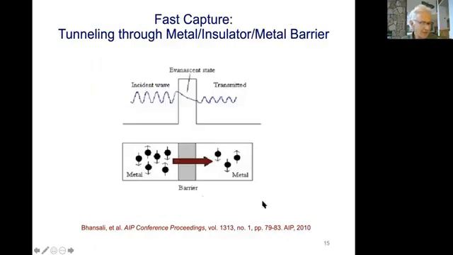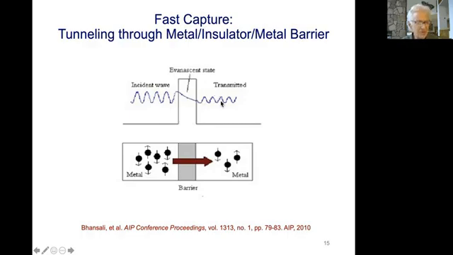If you have a metal insulator metal diode, you've got a piece of metal, a very thin insulator, which is going to be a couple of nanometers thick, about 10 interatomic distances or so, and then another metal. You can excite electrons on one side, and those electrons tunnel through this forbidden region of the barrier, the insulator, and get captured on the other side.